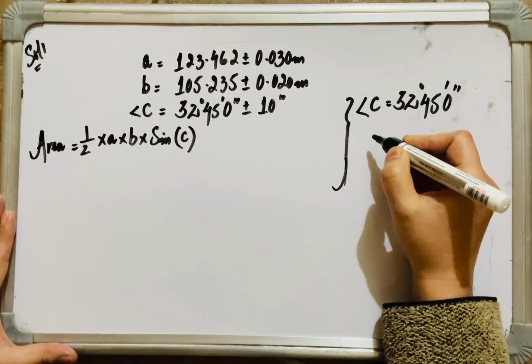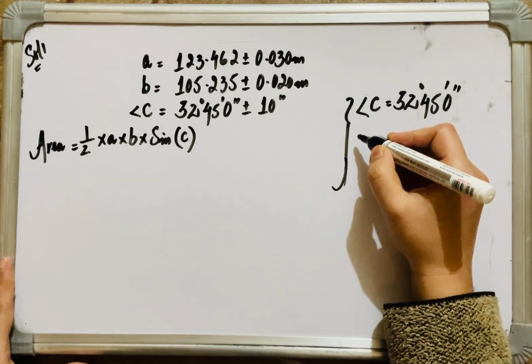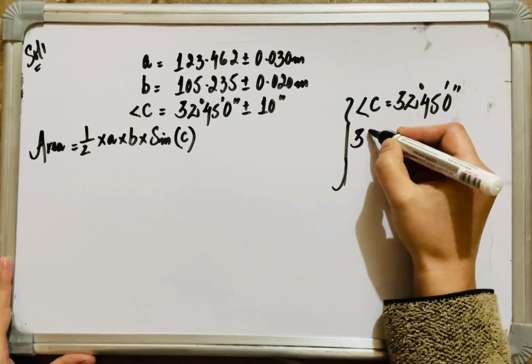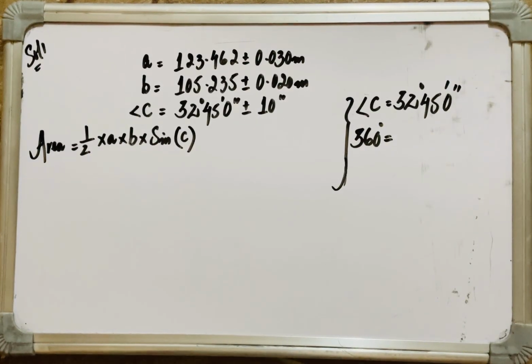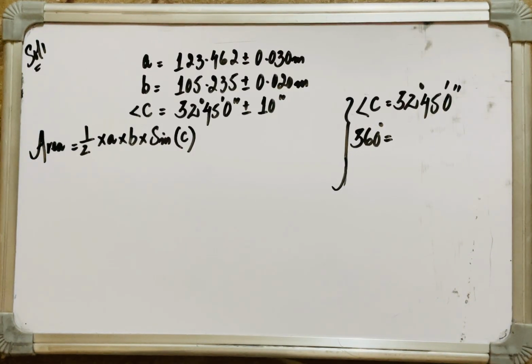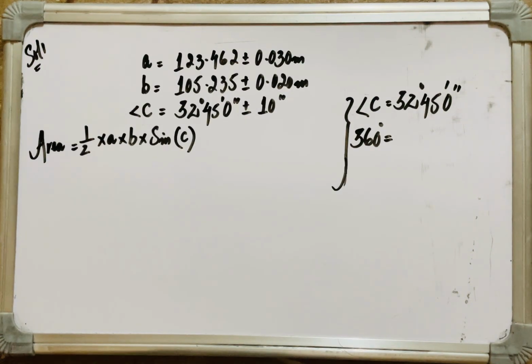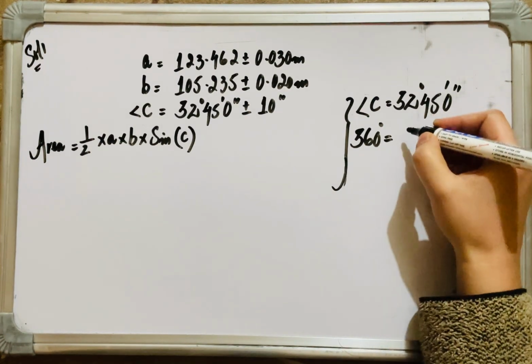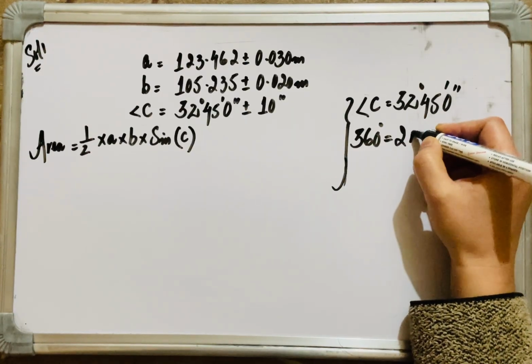All right, let's convert it into radians first. We know that one complete rotation in the sexagesimal system is 360 degrees. The sexagesimal system is the one we commonly use in our country, India, already discussed in chapter number 1. In one complete rotation we have 2 pi radians.